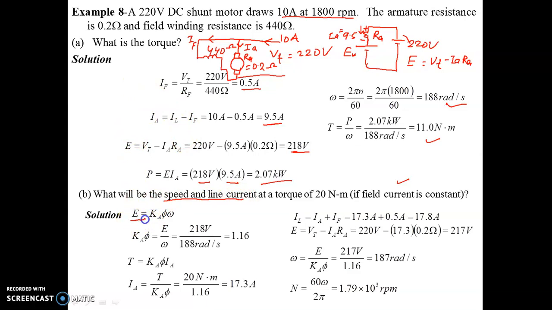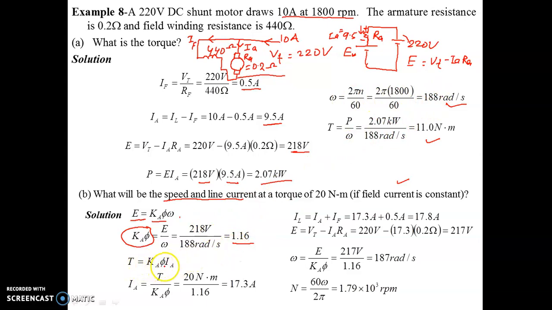So here Ea is equal to Ka phi multiplied by omega. So K multiplied by phi equal to E by omega. E is already calculated, 218 volt, and omega is also calculated in this part, 188. So this comes to 1.16.